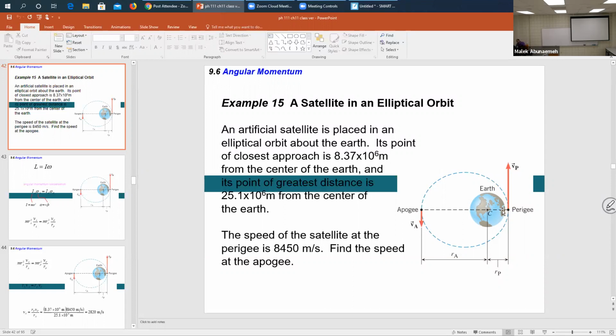When it's close to the Earth, it's called a perigee. So what do we have? We have 8.37, which is the distance to the perigee. And the distance for the apogee, the furthest, is 25.1 times 10 to the 6.